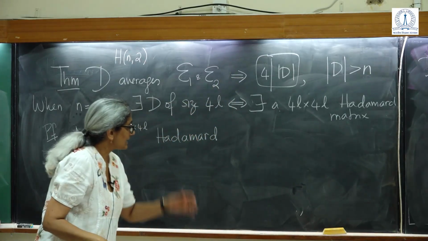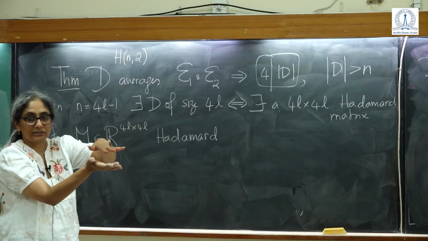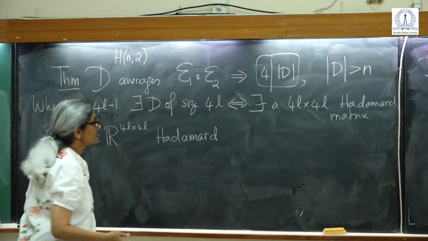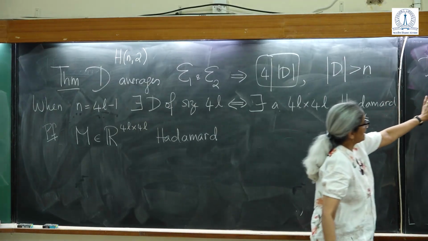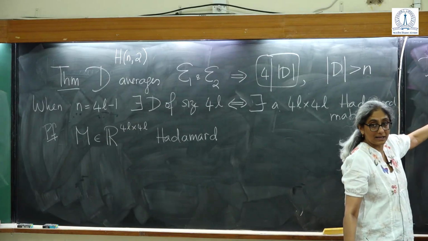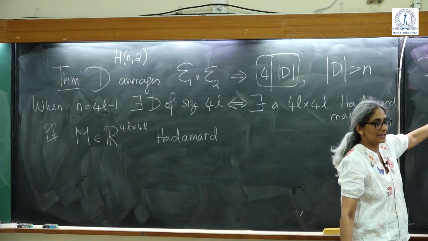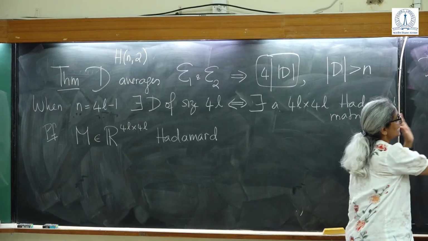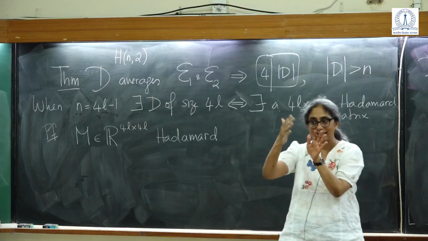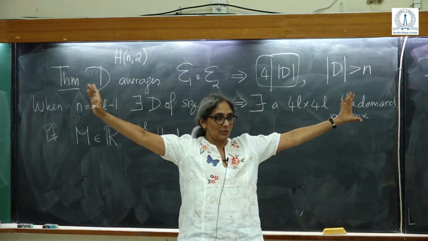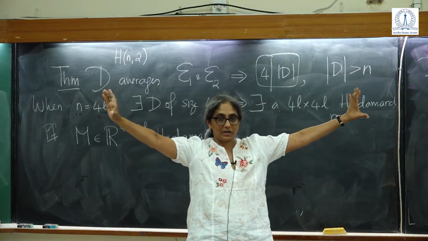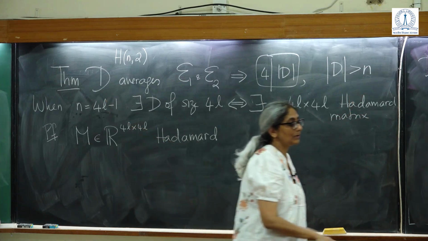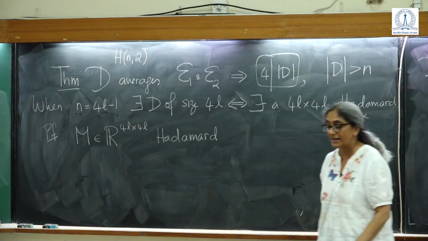I claim it doesn't mess with the orthogonality of the rows, because when you make a dot product, you're multiplying these two. This is a plus plus; if I turn it to minus minus, that's also okay, it's still going to contribute a plus 1. So I can independently negate the columns until an all ones appears on top. Everybody okay with this?